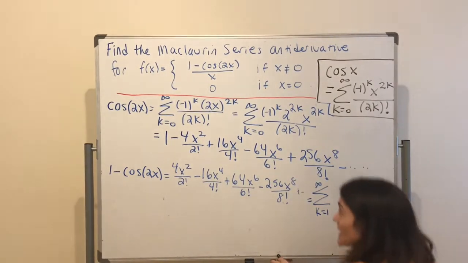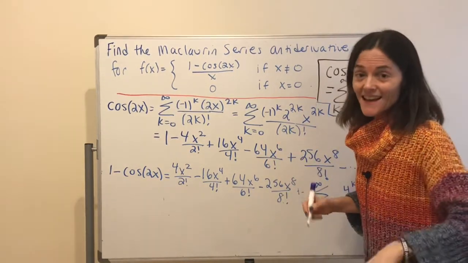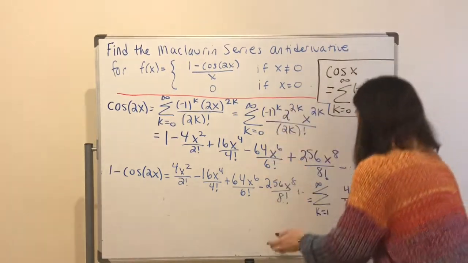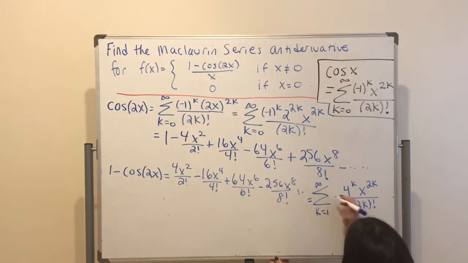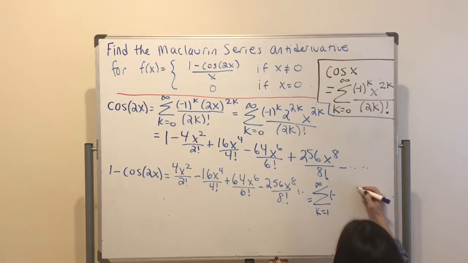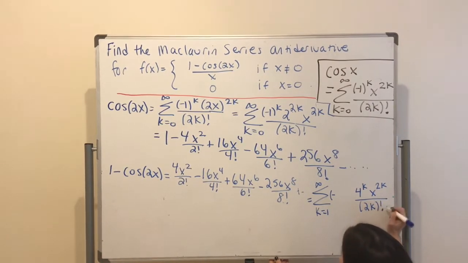And finally, the sign has changed. So if it was a minus 1 to the k, now it will be a minus. This was 4 to the k, x to the 2k over 2k factorial.